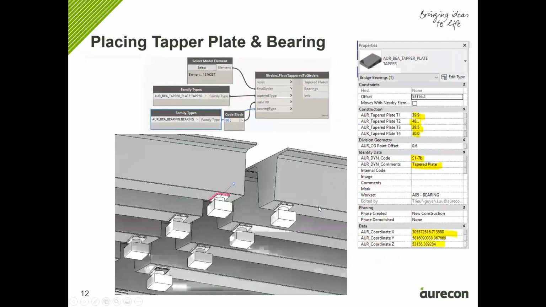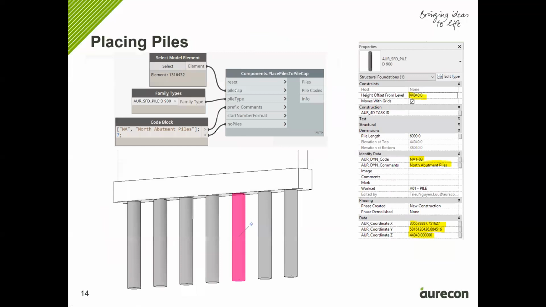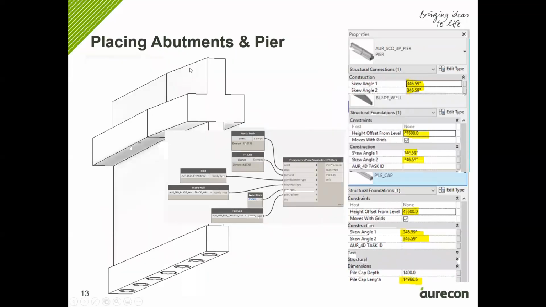So to me the family is really important. And for example, for the abutment here, what the node does is simply specify 3 points that it can calculate from the deck soffit and from the grid line where you specify 1, 2, 3.